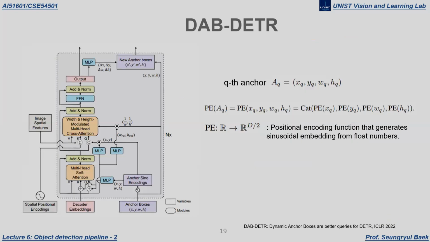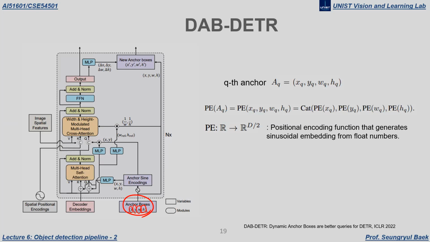It further considers the scale of the object. What they do in Depth DTR is supply the actual bounding box information, the center coordinate and the width and height of the box, as the input to the positioner, the spatial queries.